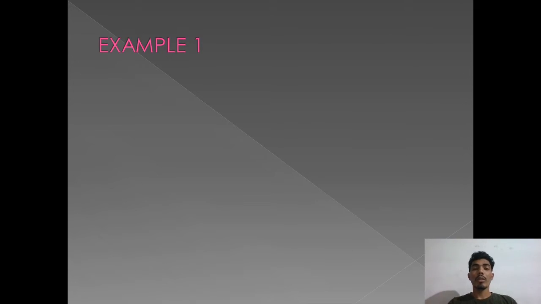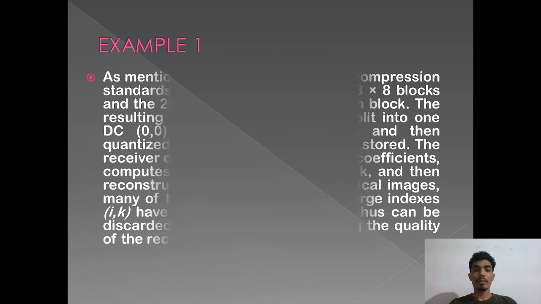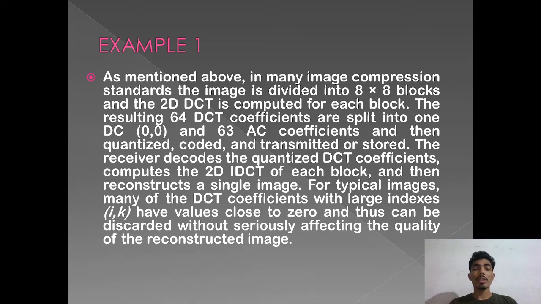Now we are going to see an example of how to process the image by using the DCT. In many image compression standards, the image is divided into 8 by 8 blocks, and the 2D DCT is computed for each block. The resulting 64 DCT coefficients are split into one DC coefficient and 63 AC coefficients, and then quantized, coded, and transmitted or stored.